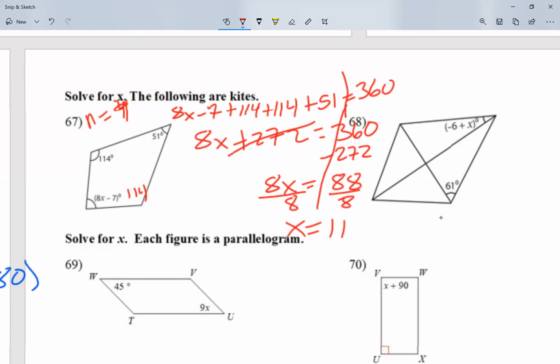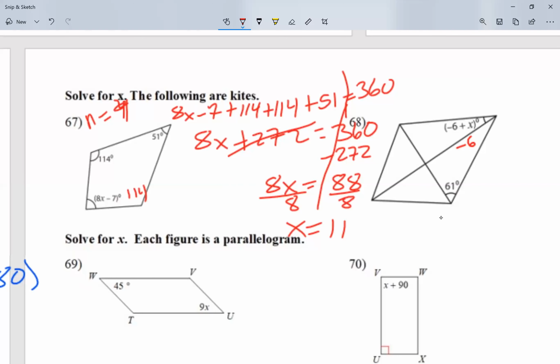Now let's take a look at question number 68. I'm going to say that this corner in here is negative 6 plus x. And then I'm going to say this angle here on the inside is 90 degrees.